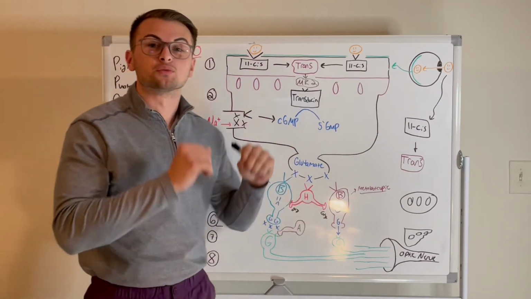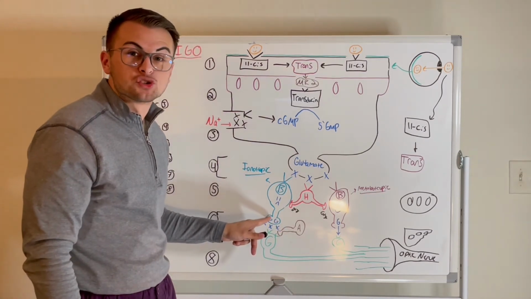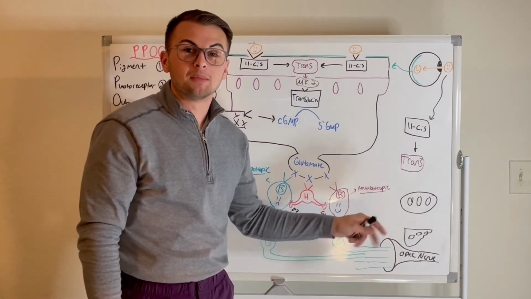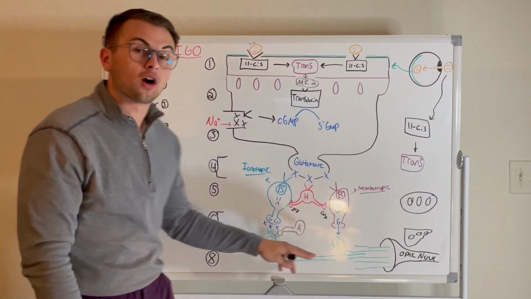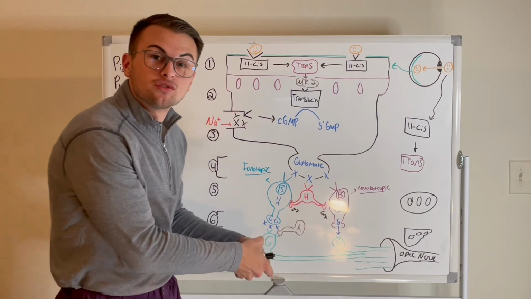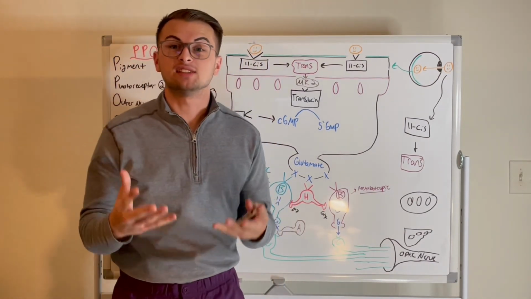Our photoreceptor is releasing glutamate onto our usually excitatory ionotropic bipolar cells and our usually inhibitory metabotropic bipolar cells, which pass on information to our ganglion cells, which bundle their axons together to form the optic nerve, which tells our brain, hey, there's nothing to see.